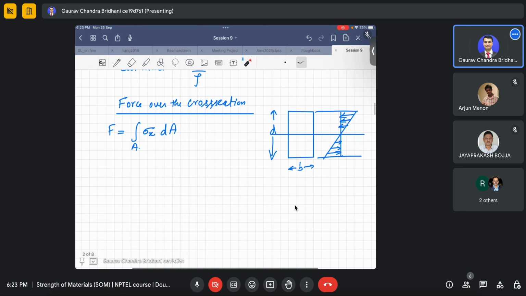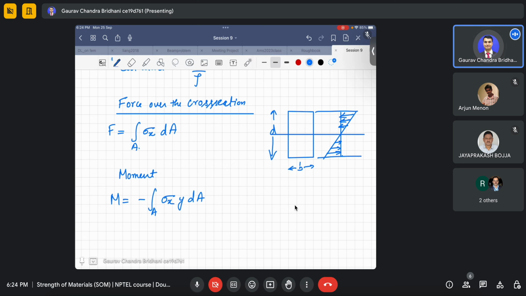And then we have moment. How we find moment is minus the integral over area of sigma x y dA. M is equal to minus the integral over area of sigma x y dA. So this gives the moment equilibrium.